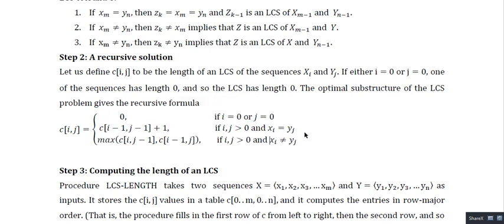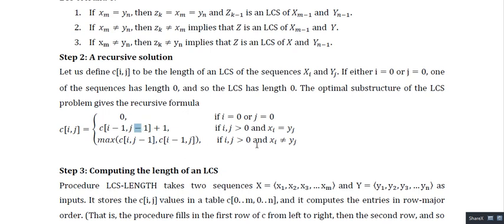So now if both the characters match, then we'll just discard that element and consider that yes, one character has matched. Okay, so the length of the LCS will be increased by 1, so plus 1. Then again we will find recursively the length of the LCS taking characters up to i minus 1 and j minus 1, right?